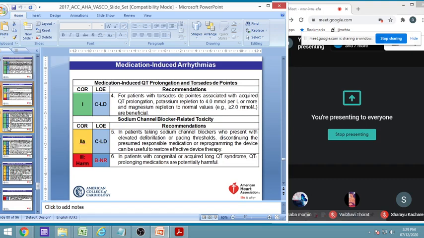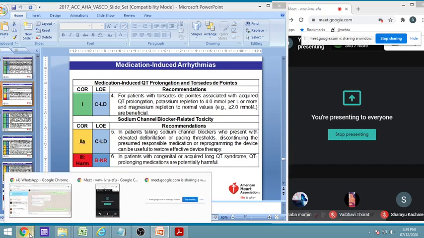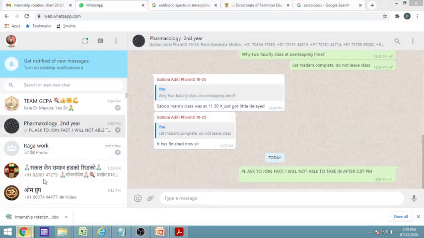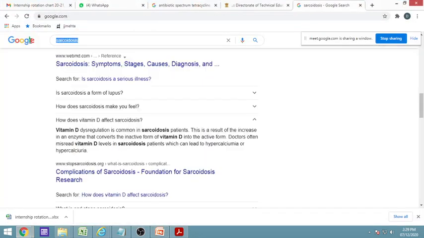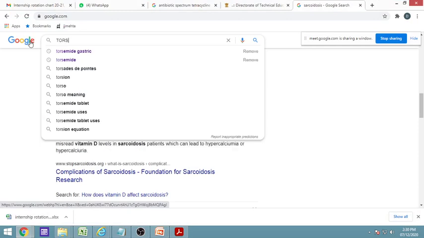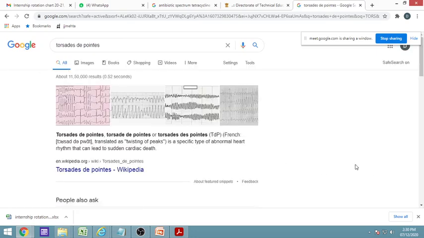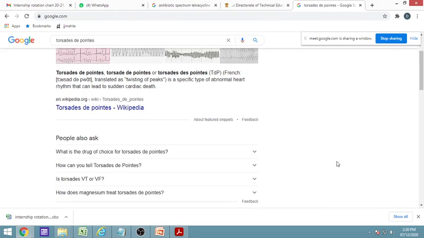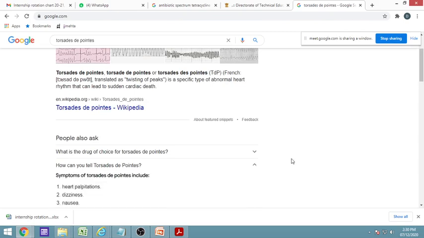Then next are medications which cause QT prolongation and torsades de pointes. Torsades de pointes is again one of the conditions which causes an arrhythmia-like situation, and this is particularly where the peaks are twisting, a specific type of heart rhythm that can lead to sudden cardiac death. So this is a very typical one.